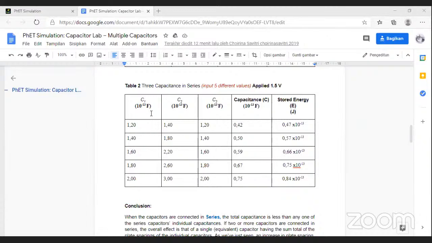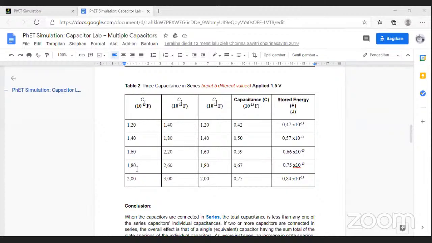Capacitance 1 is 1.6, capacitance 2 is 2.2, and capacitance 3 is 1.6. The total capacitance is 0.59 and the stored energy is 0.66 times 10 to the power of minus 13.